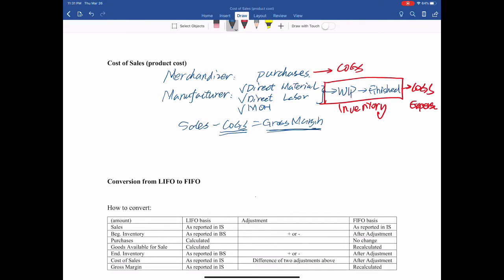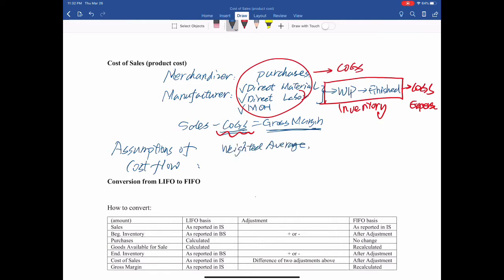To determine the cost of goods sold, we not only rely on these expenditures, we also should consider the assumption of the cost flow. There are several methods. One is weighted average, FIFO, first in, first out, and LIFO, last in, first out.